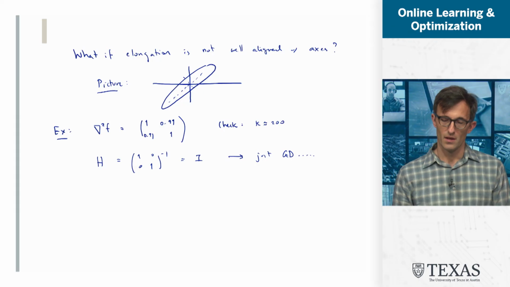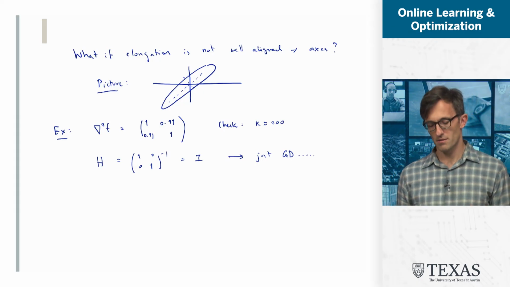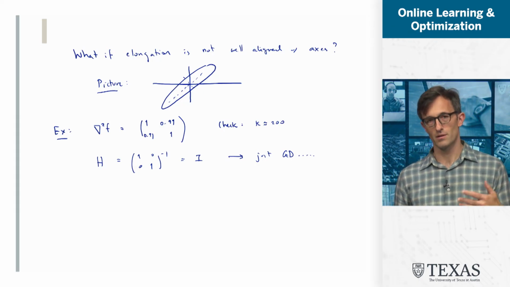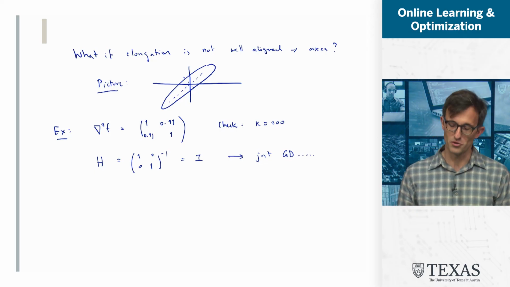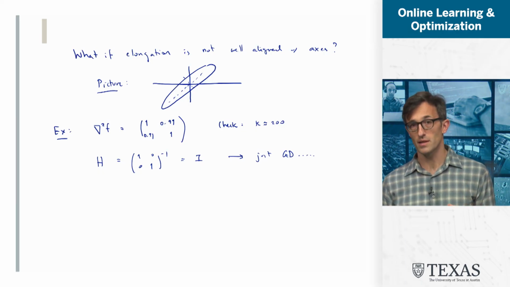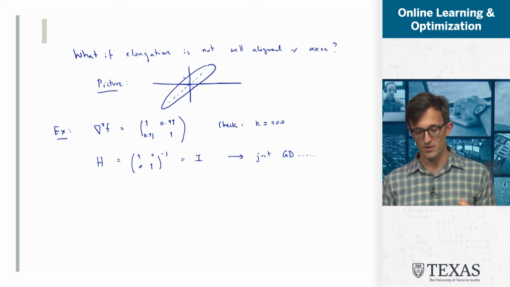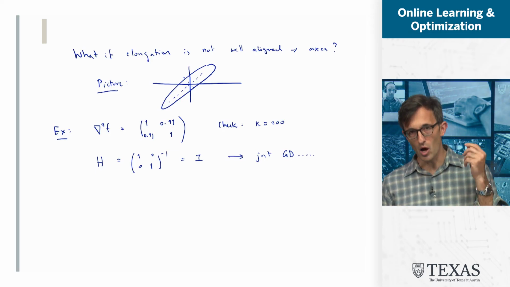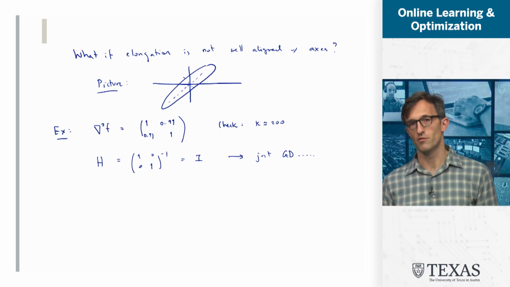So this whole story is not necessarily to sing the praises or to denigrate this poor choice of H. It's more to get us into the spirit of thinking about gradient descent versus Newton descent. Newton's method is just gradient descent with the optimal affine transformation.